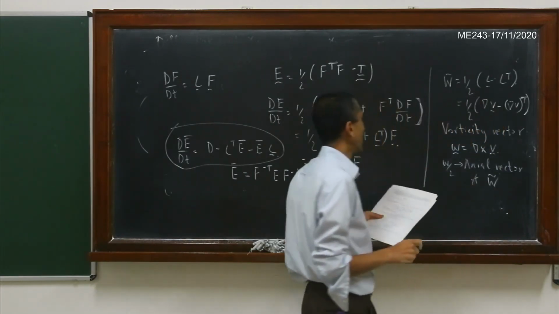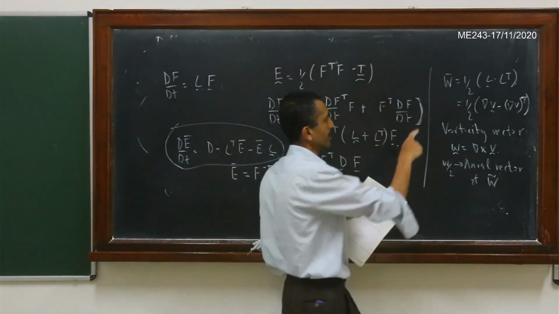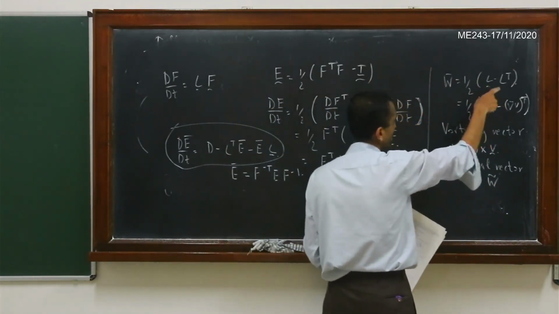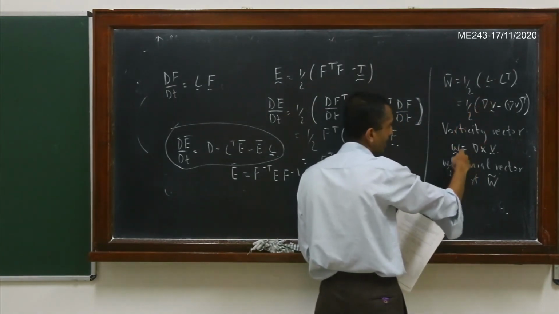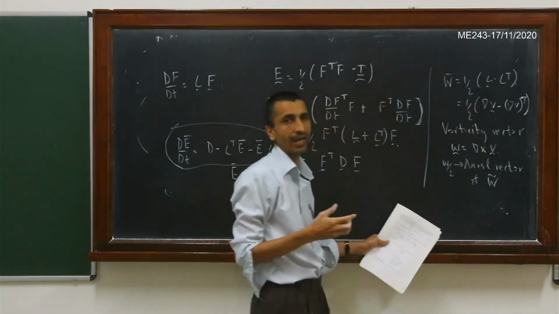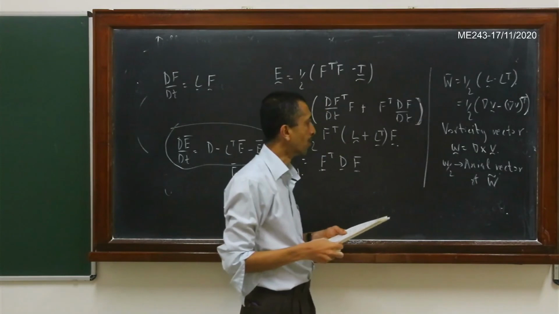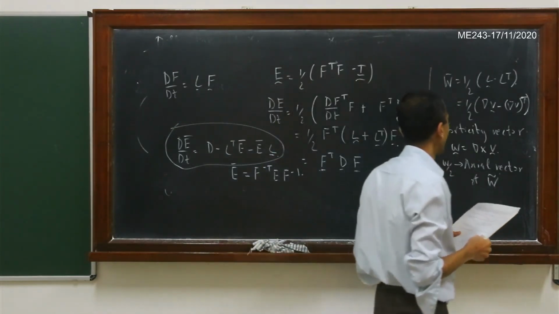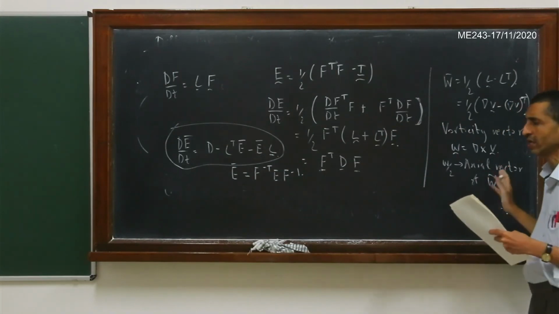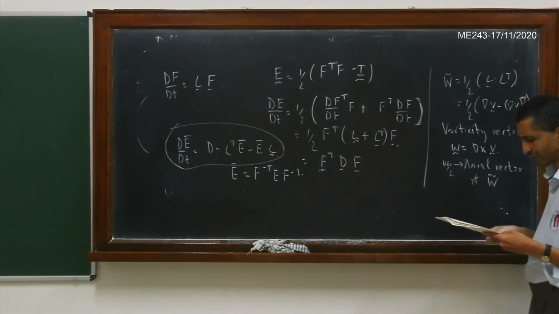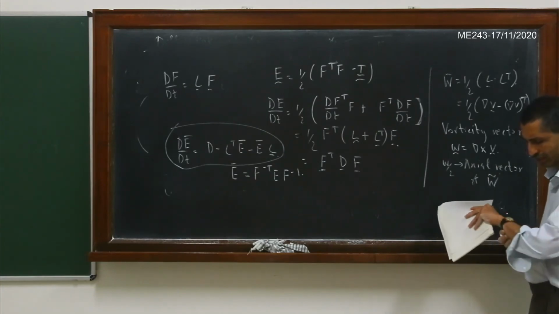So if you take 2 times the vorticity tensor and find the axial vector of that, then that is exactly the vorticity vector. And as you already know, the vorticity vector is a physically very important quantity in fluid mechanics. So this one can easily show.